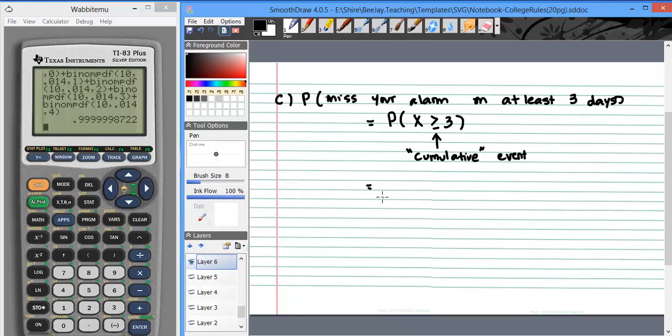So keep in mind that you can't use a CDF function directly in this particular problem, because, let me write it as a note, CDF always gives the probability of less than or equal to something. So you can use the CDF function directly if you have the event as a less than or equal to event.